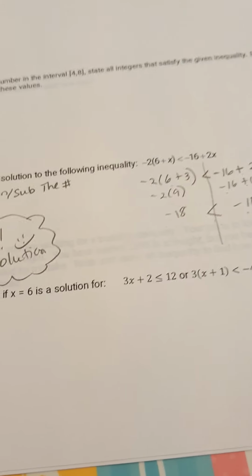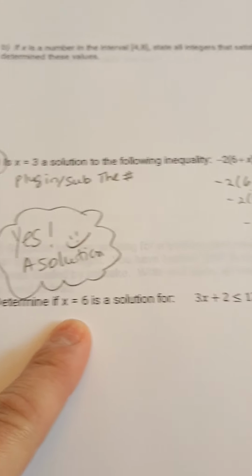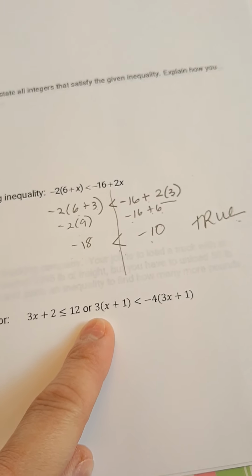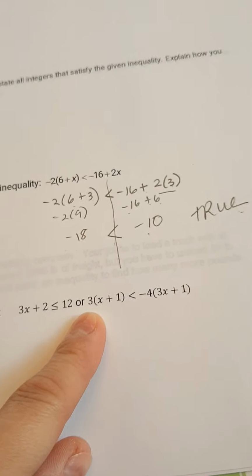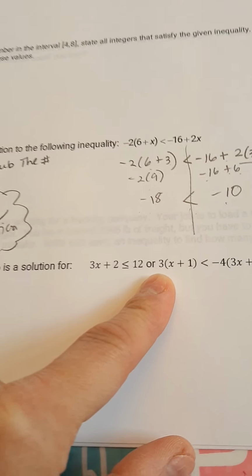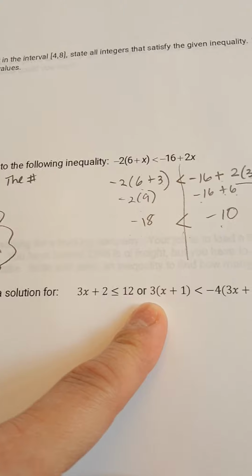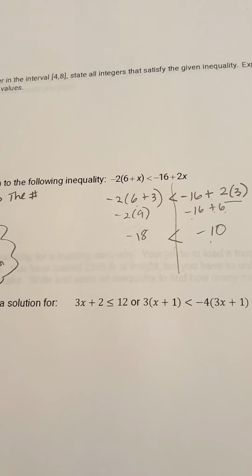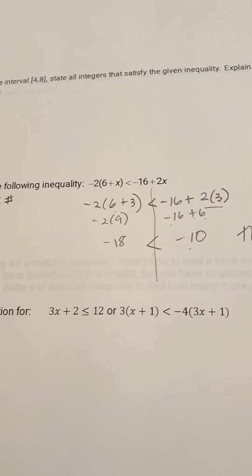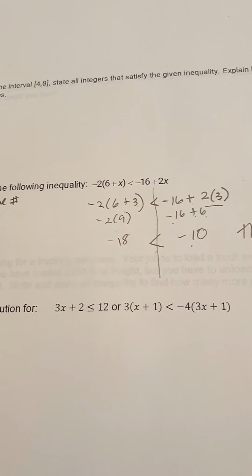So now for number 9, we want to know if x equals 6 is a solution for this disjunction. Disjunctions have the word or. Remember, with the word or, only one piece has to make a true statement. Remember my example, I went to the beach or I read a book. I only did one of those two things, but it's still a true statement.